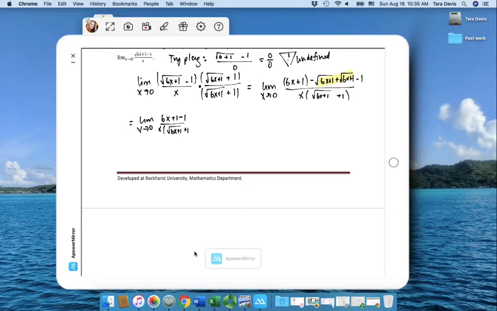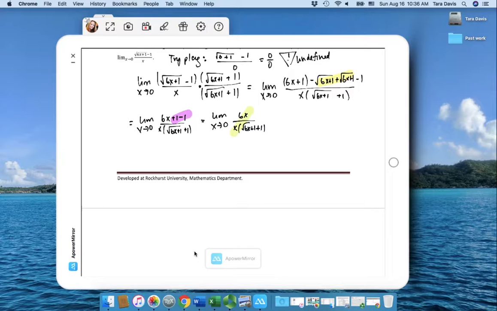Okay guys, don't go too crazy with cancellations. I don't want to see any illegal cancellations, but plus 1 minus 1 is definitely safe. That's 0. So now we have the limit as x approaches 0 of 6x over x times the square root of 6x plus 1, plus 1. Okay, and then now we have another cancellation because x divided by x is equal to 1.